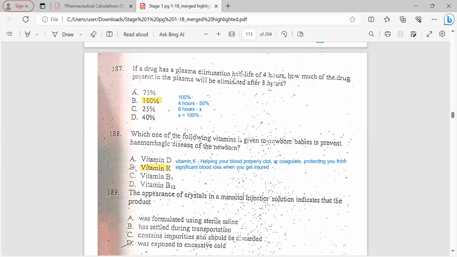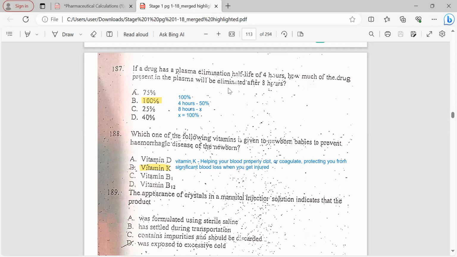So the elimination half-life is 4 hours. So after every 4 hours, the plasma concentration is reduced by half. Once you take the drug, it's 100%, assuming everything goes to blood.